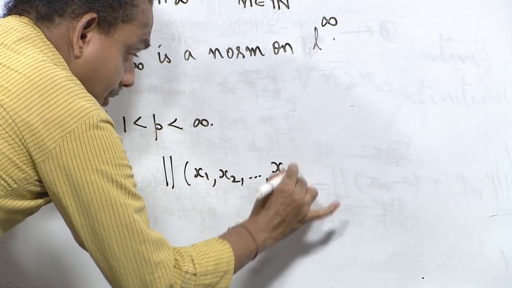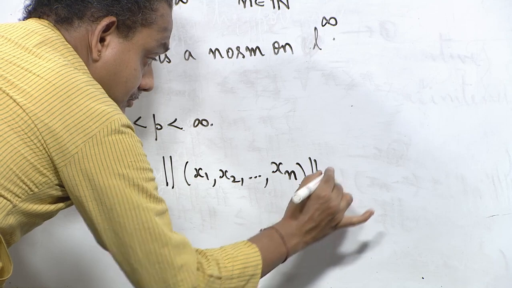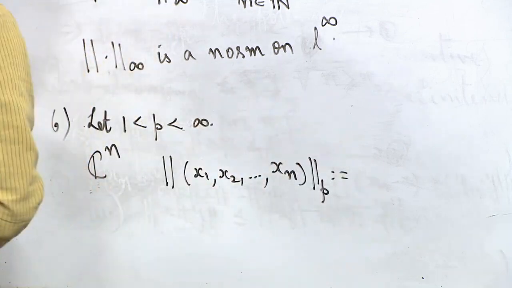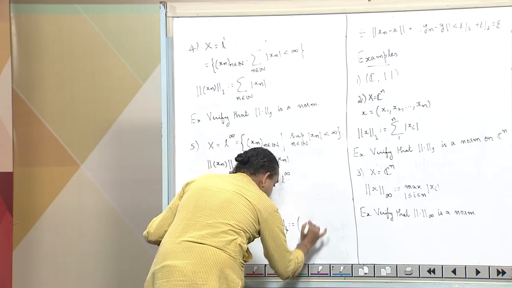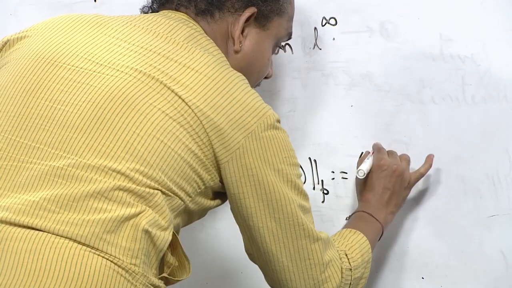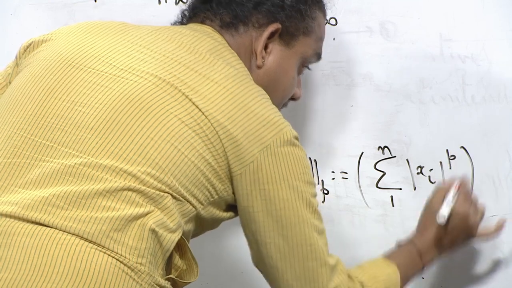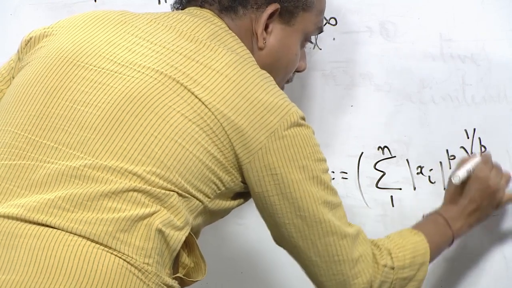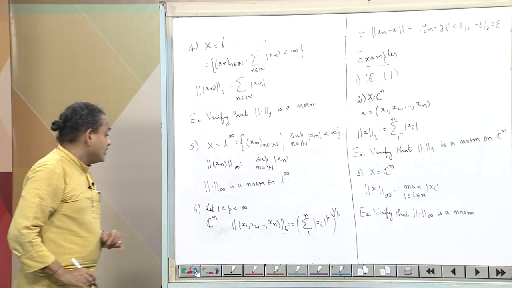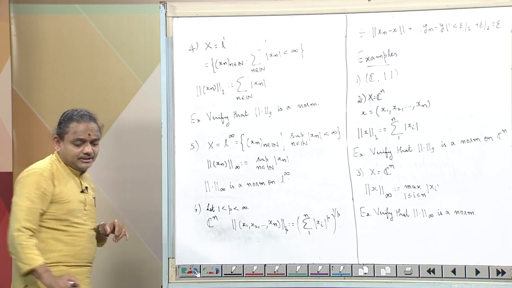So, it is an n-tuple, and the p norm is the summation from 1 to n of mod xi raised to the power p, whole raised to the power 1 by p. This is the norm. So, the first thing that you will have to verify is that it is a norm.